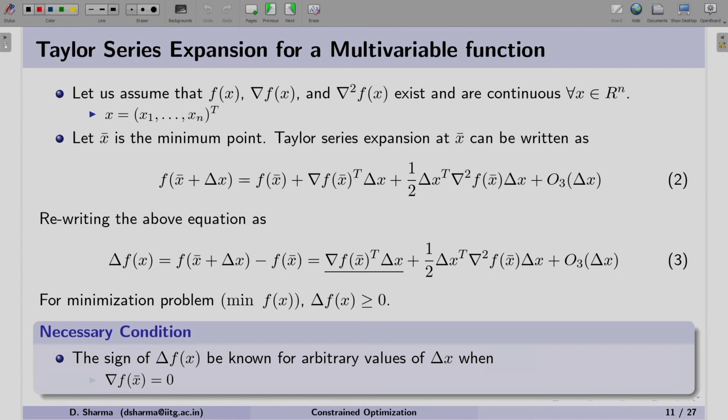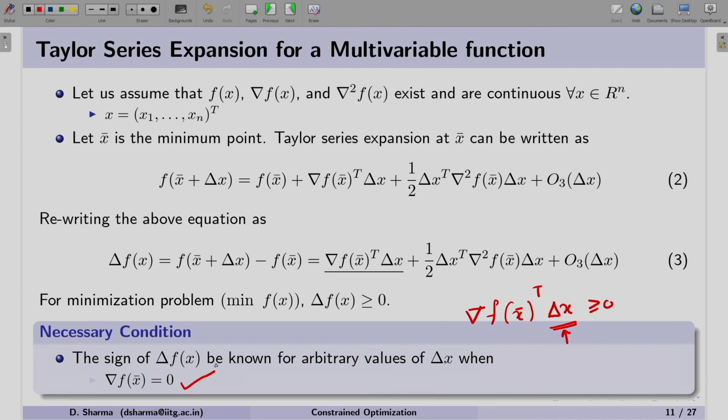So in this case, if we want the gradient of the function at x bar transpose delta x to be greater than 0 for any arbitrary value of x, this means delta x can take positive as well as negative values, and this condition can only be true when the gradient of the function at x bar is equal to 0.